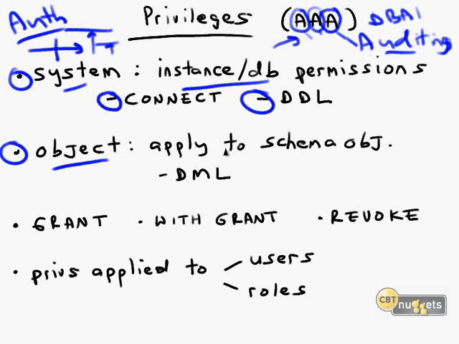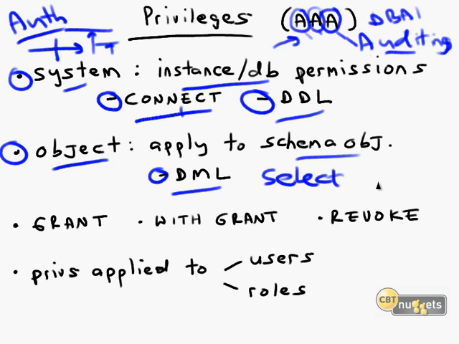Object privileges assume that the user can already connect into the database. It doesn't assume that the user has DDL, but basically object permissions apply to specific schema objects. Traditionally, our DML, our data manipulation language statements. After we allow a user to connect, can we let that user select against one or more tables in one or more schemas?